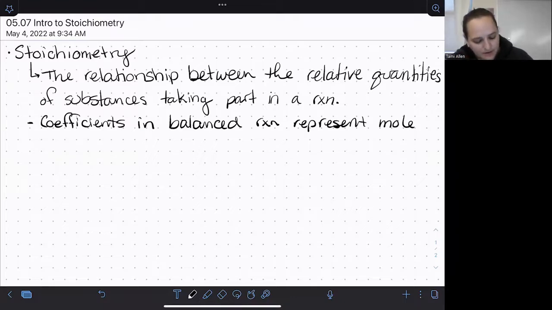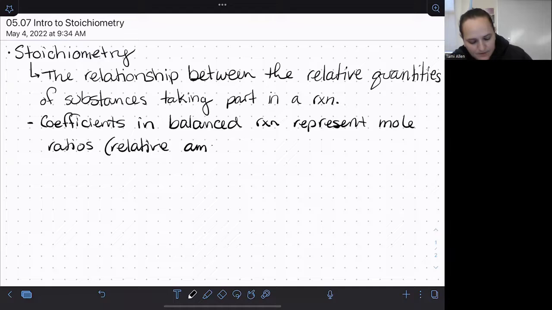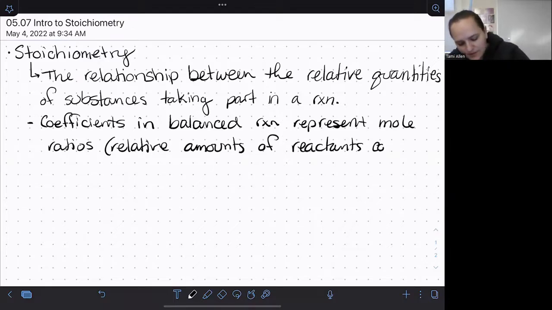So the coefficients in our balanced reaction represent mole ratios, or the relative amounts of reactants consumed and products produced.